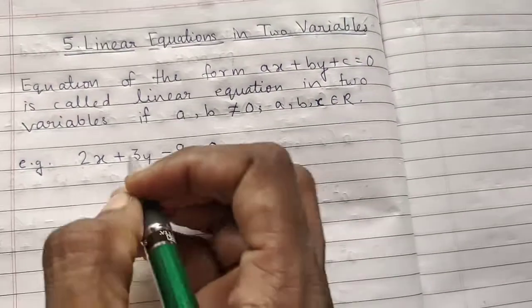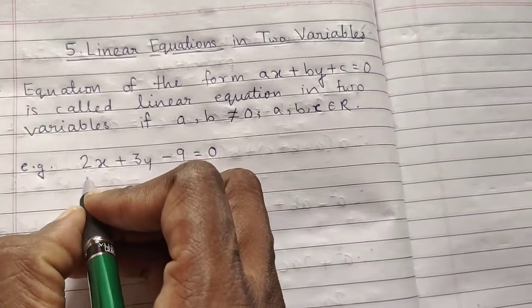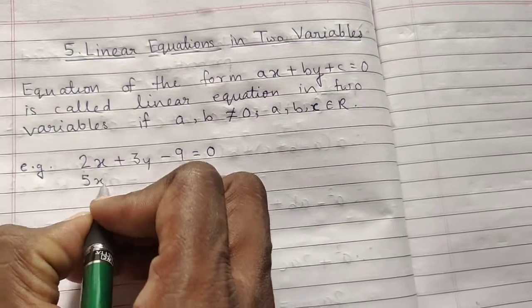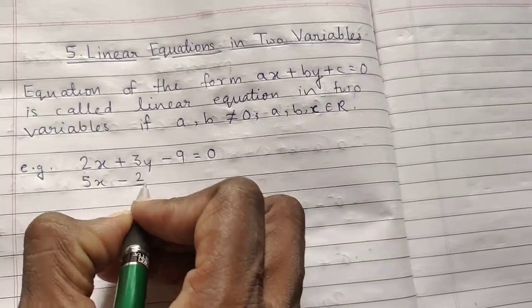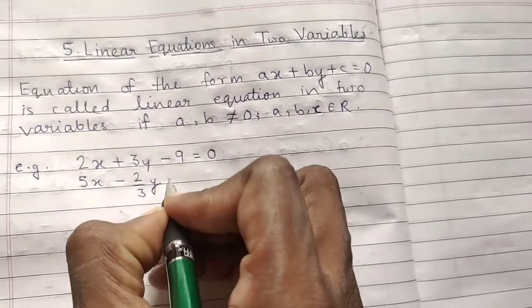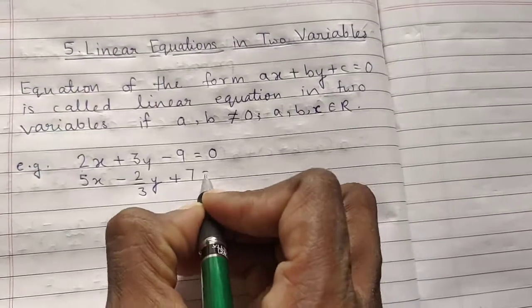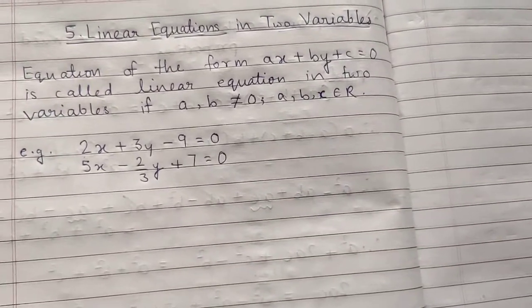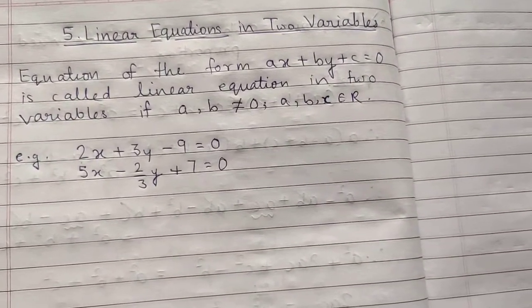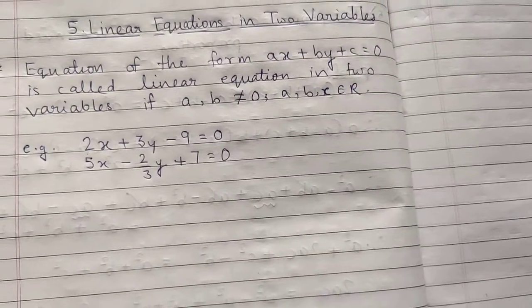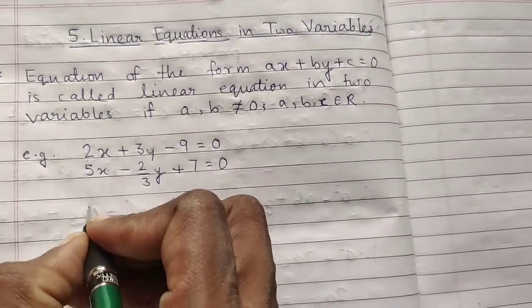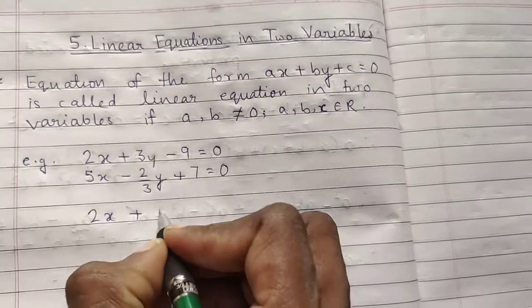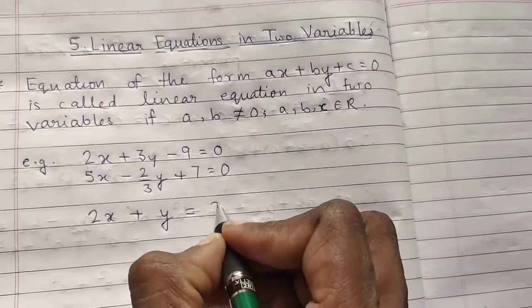Okay, similarly you can write any other example like 5x minus 2 upon 3y plus 7. So these types of equations are known as linear equations in two variables. Even sometimes you will find x, then y, and after the equal sign there may be numbers.